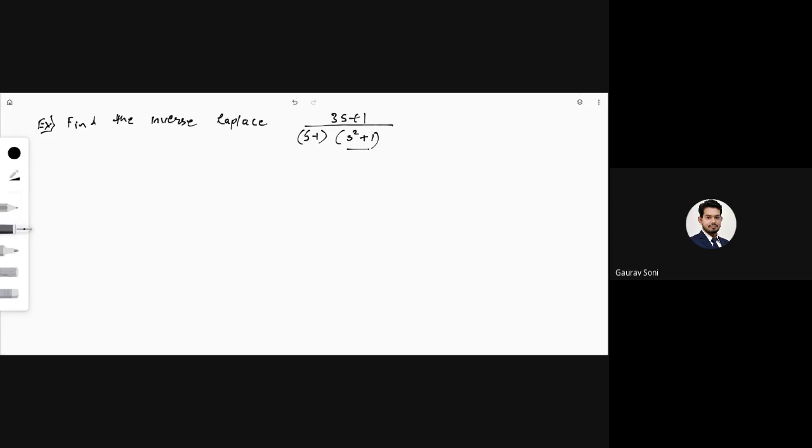Look, for the second one, you cannot put the factors. Moreover, degree of numerator is 1 and degree of denominator is 3. So, of course, you can use the partial fraction, but this degree 2 won't be reduced. So, in that case, what we do, just observe. Laplace inverse of 3s plus 1 upon s minus 1 and s square plus 1.